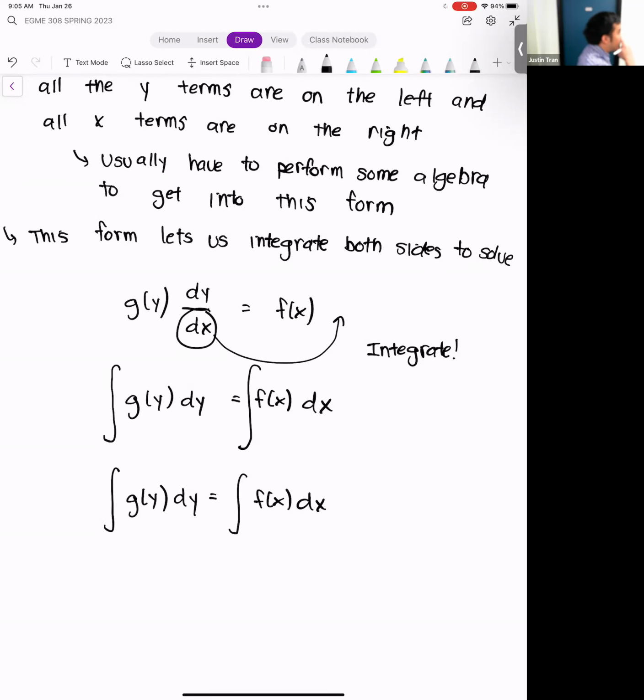Right. So when you first see a differential equation like this, a first order equation, a good question to ask yourself is: is this equation separable?